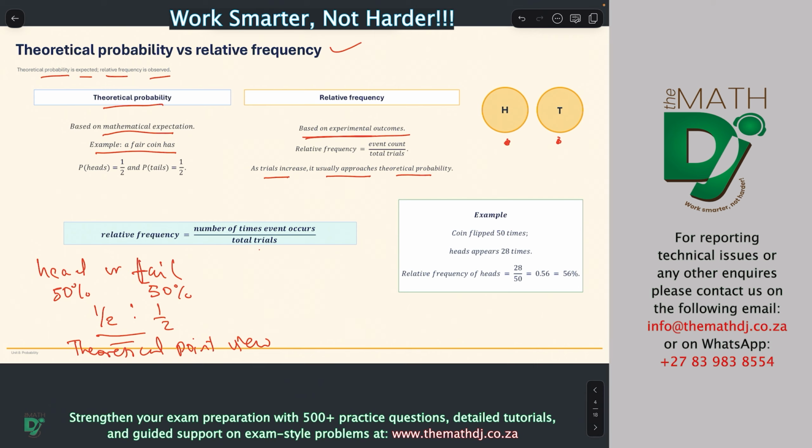For example, you throw a coin 5 times and you get, say, 4 heads out of 5. We say the relative frequency will be 4/5 because it's event count over trials. So 4/5, which is 80%.